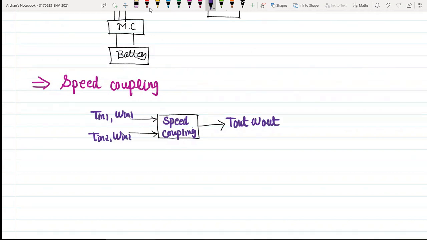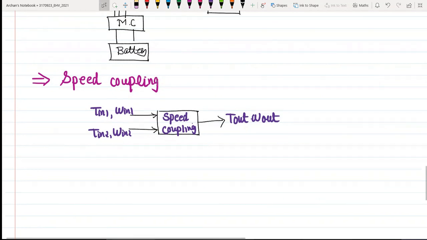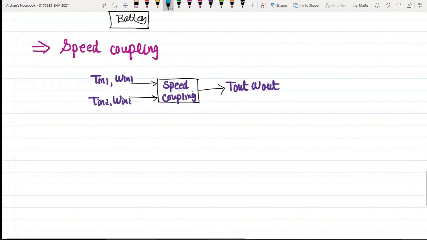The characteristics of the speed coupling can also be described by equations similar to the torque coupling, right? If we talk about the output speed, omega out, then omega out is given by K1 omega in 1 plus K2 omega in 2.